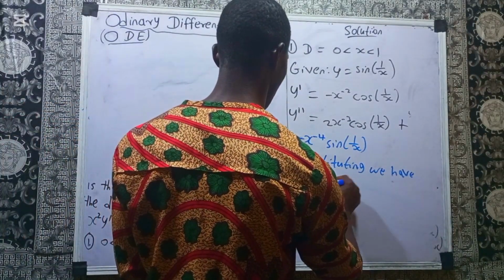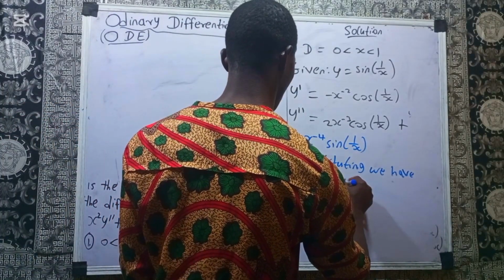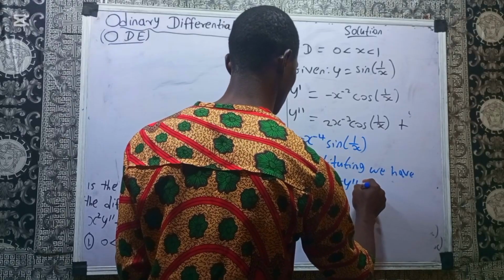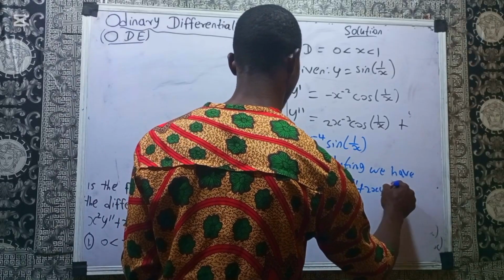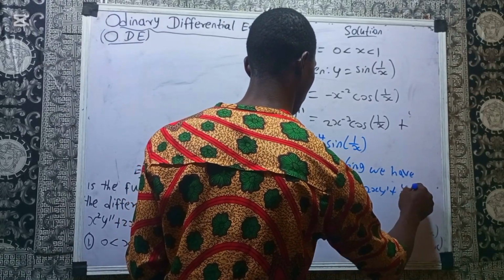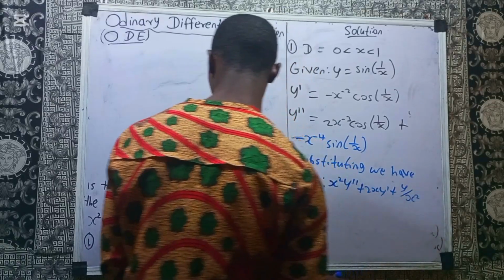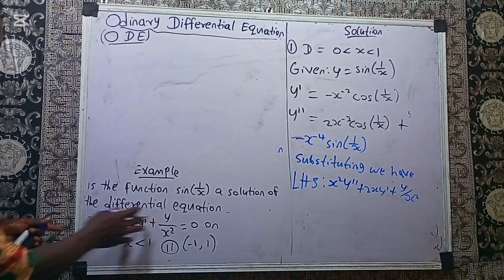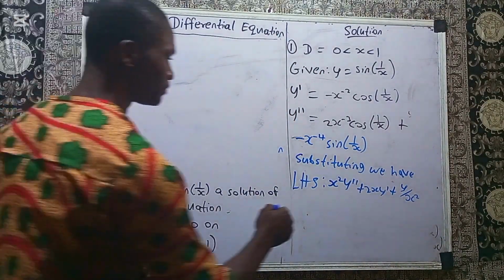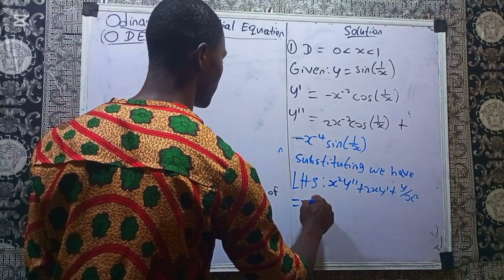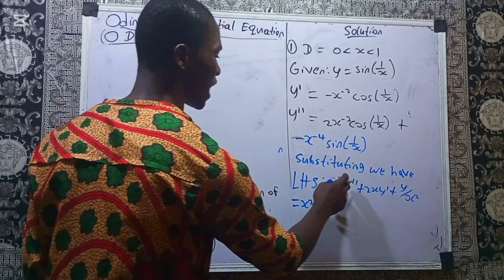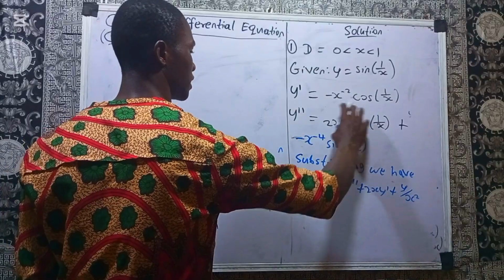We have x squared y prime prime plus 2xy prime plus y over x squared. So that's what we have at the left hand side. So I have x squared into y prime prime, which is this quantity here.